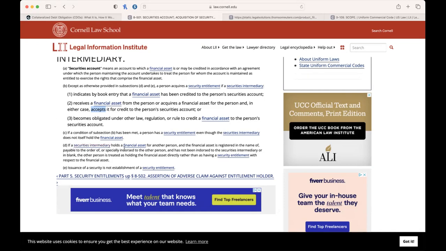If a securities intermediary holds a financial asset for another person, and the financial asset is registered in the name of, payable to the order of, or specifically endorsed to the other person, and has not been endorsed to the securities intermediary or in blank, the other person is treated as holding the financial asset directly rather than as having a security entitlement with respect to the financial asset.